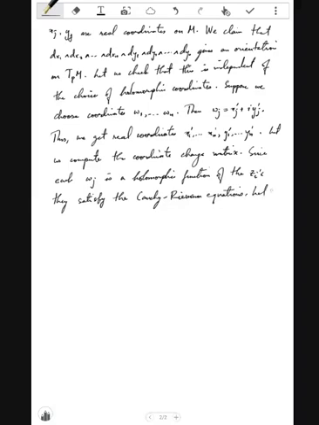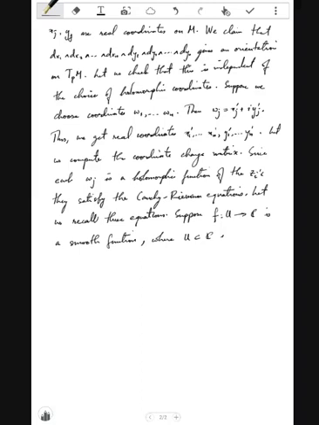So let us recall these equations. Suppose f from U to C is a smooth function, where U contained in C is an open set.